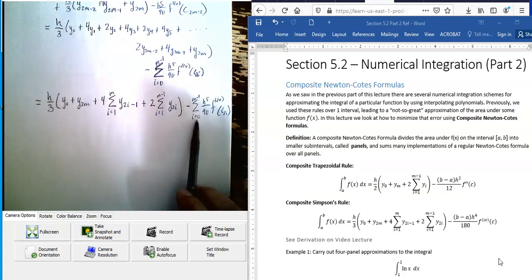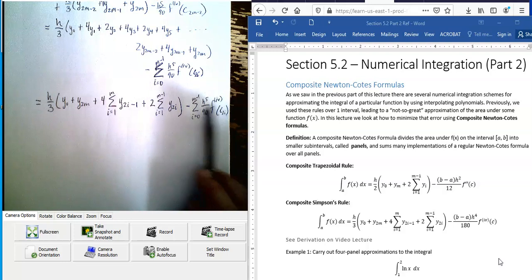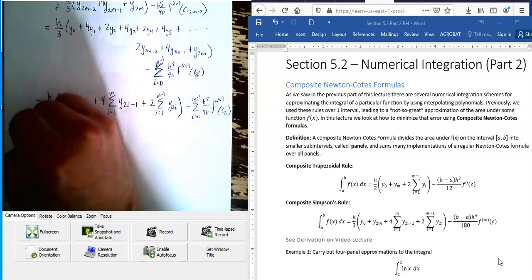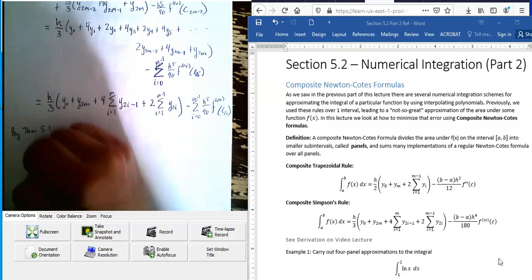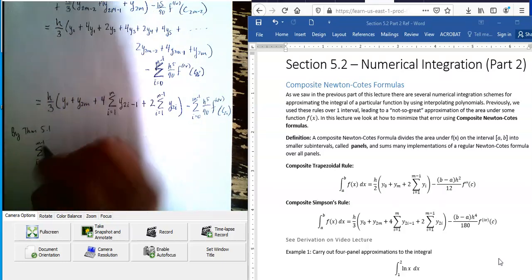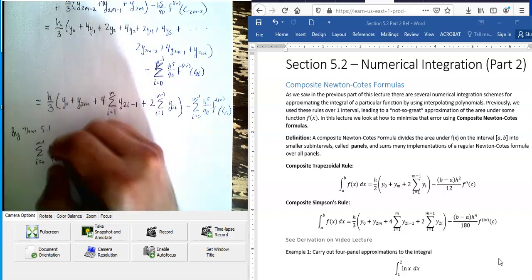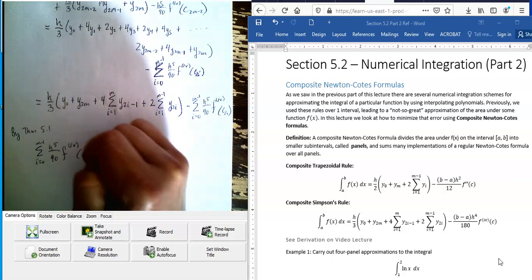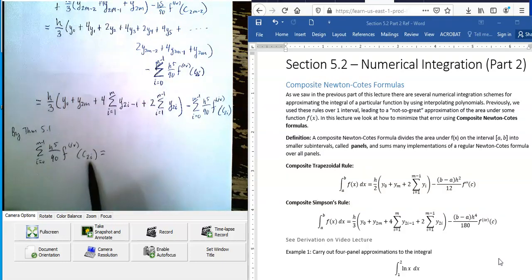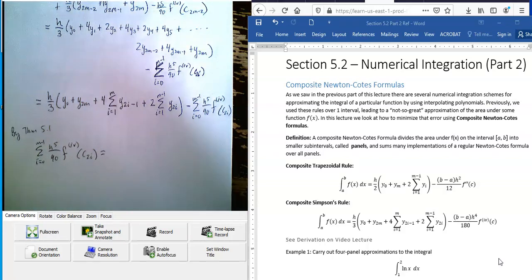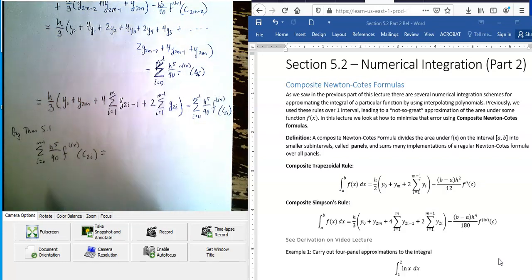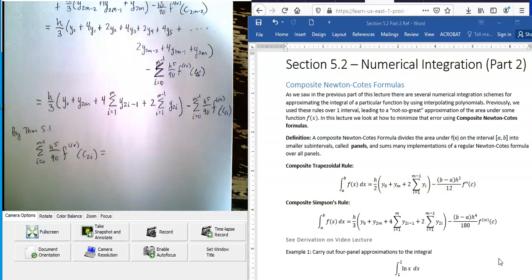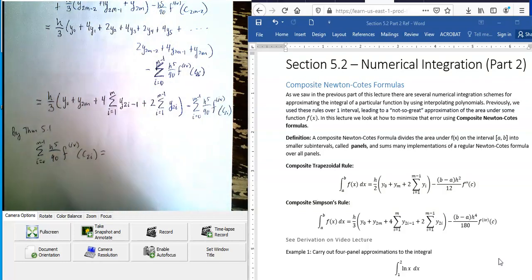Okay. So note that we are summing a bunch of terms. So by Theorem 5.1, the sum as i goes from 0 to m minus 1 of h to the 5th over 90, f quadruple prime of c2i. Again, all of these c's are in between a and b. All of these h to the 5th over 90 are positive, and we're assuming that f quadruple prime is continuous on the interval.